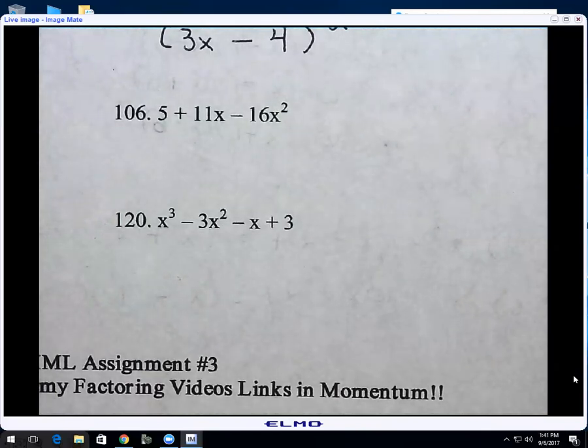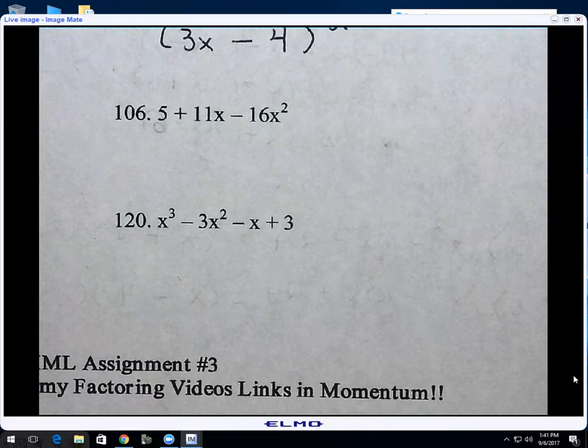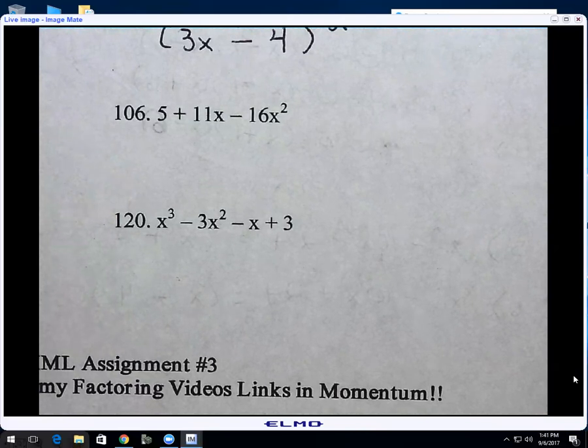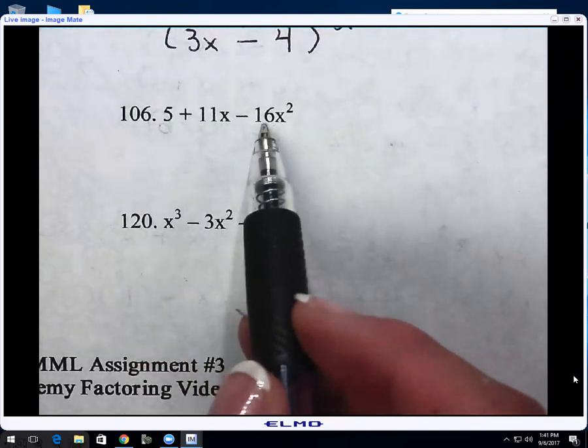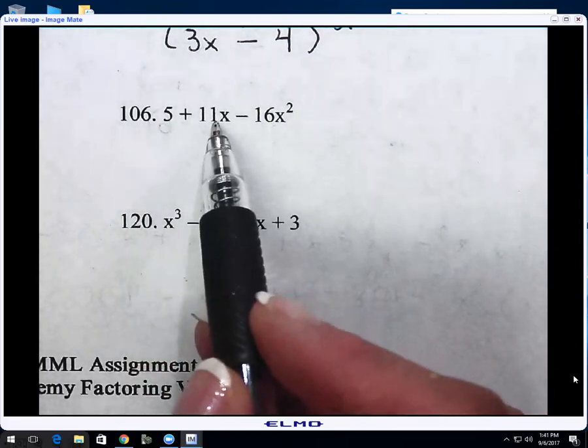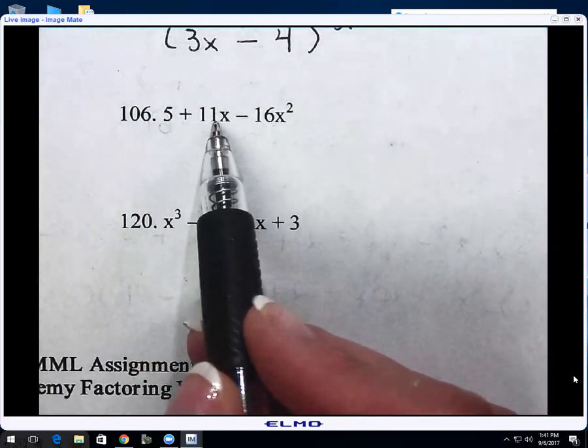All right, let's try to get these last two. 106. I'm not going to be phobic and turn that thing around. I'm going to say, is there a GCF? Nope. Tell me if this is right. Should I be saying I need factors of 16 that have a difference of 11? No, on the hard kind, I have to do what?